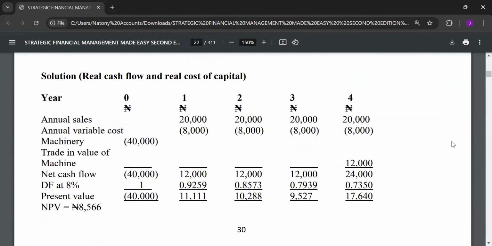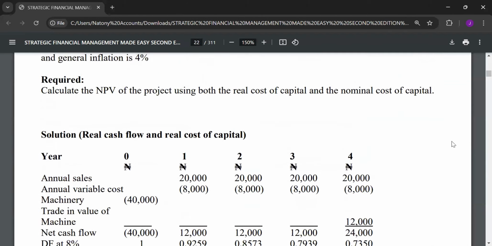But there is a particular concept that I want to emphasize with regards to your investment appraisal. Before I go to that concept, let me tell you that your investment appraisal will come in different forms in your exam.